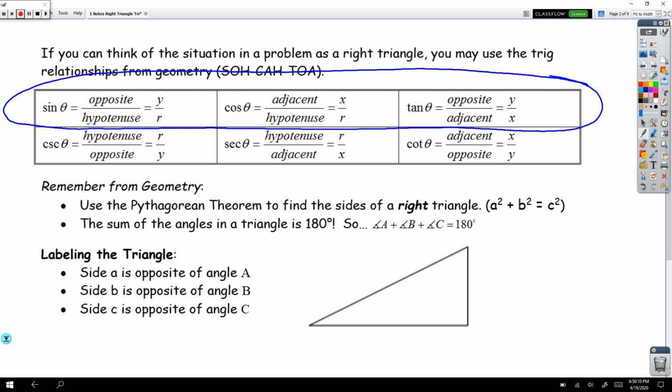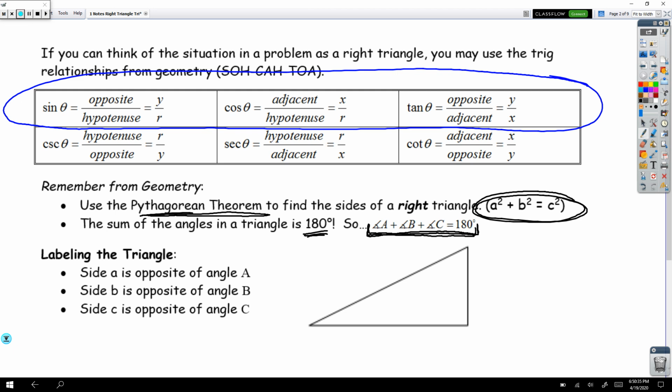Thinking back to geometry, some of the tools we utilized were the Pythagorean theorem, a squared plus b squared equals c squared. And just a quick refresher in case you forgot, the sum of all the angles of a triangle comes out to 180. So if I add up angle A plus angle B plus angle C, it should always give me 180 degrees.